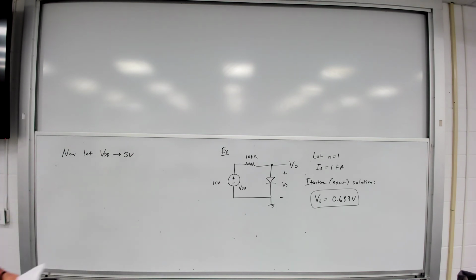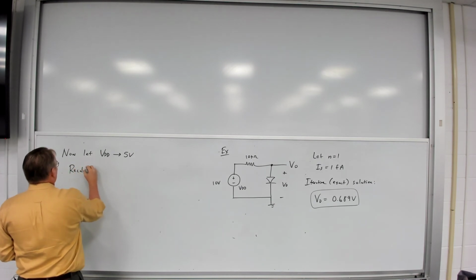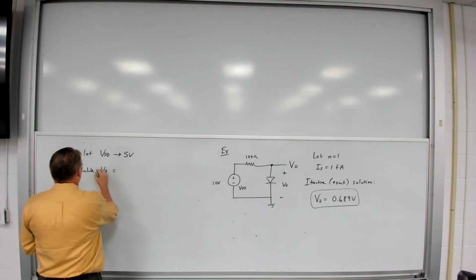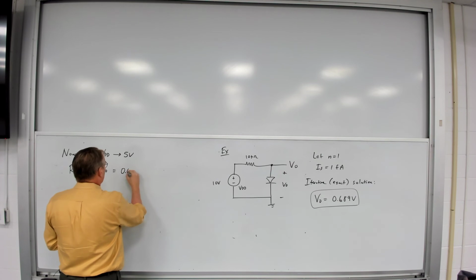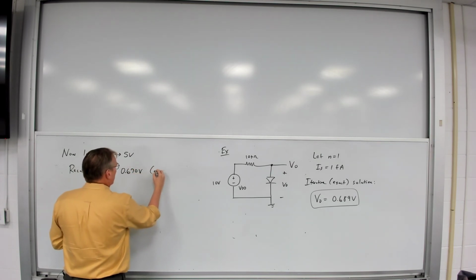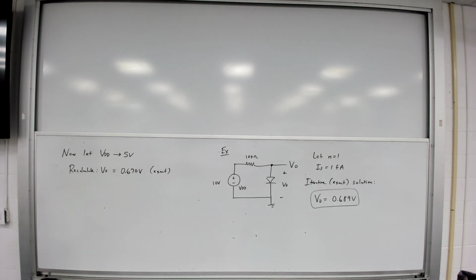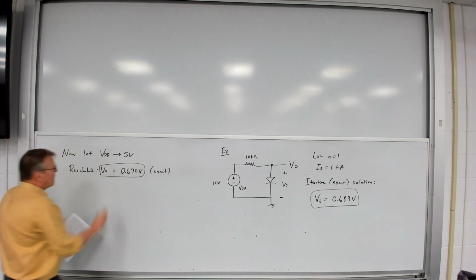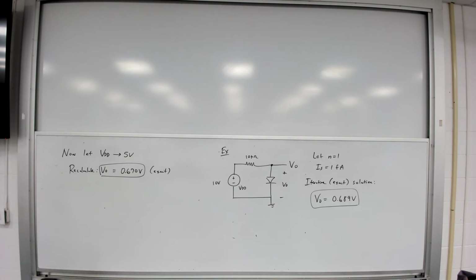Now what is VO? Now VO becomes 0.670 volts. And once again, that's an exact value. So I took my input voltage and I cut it in half. I reduced it by 50%.